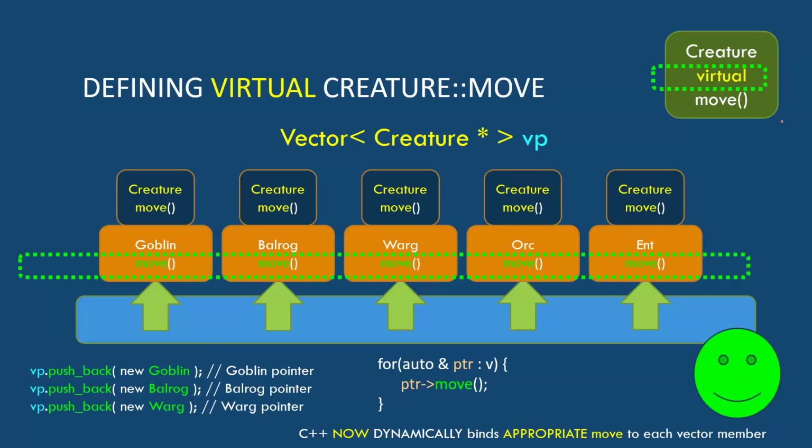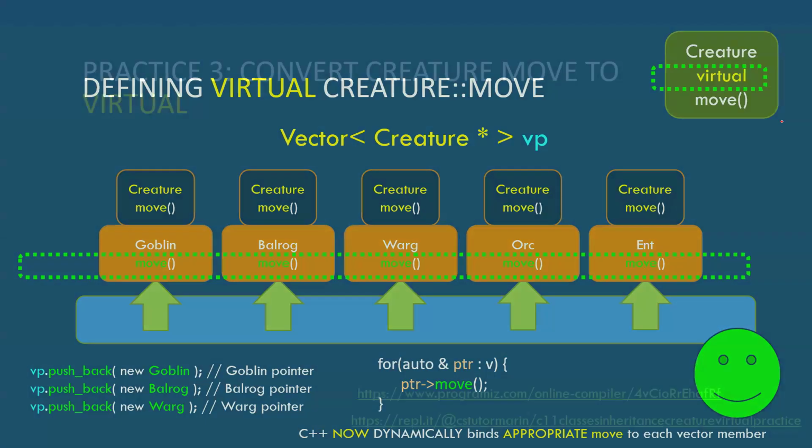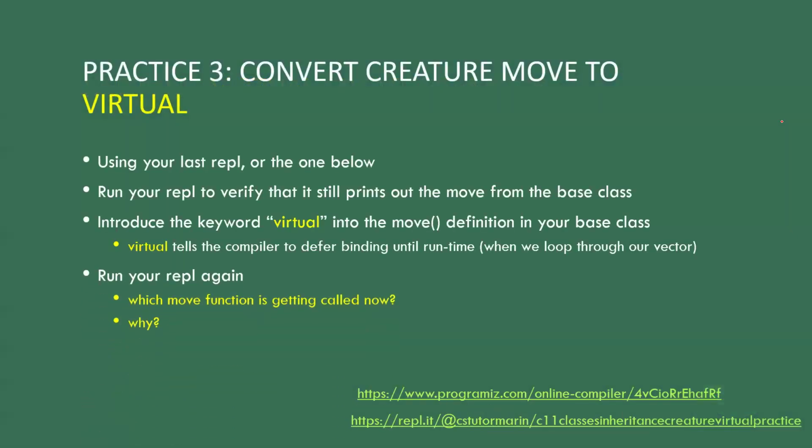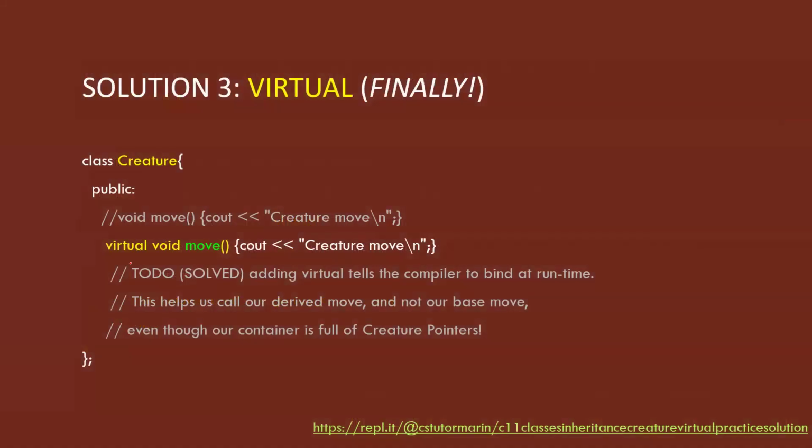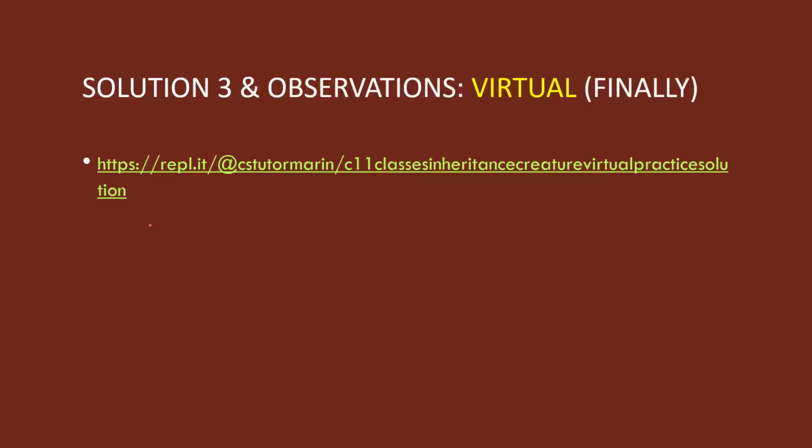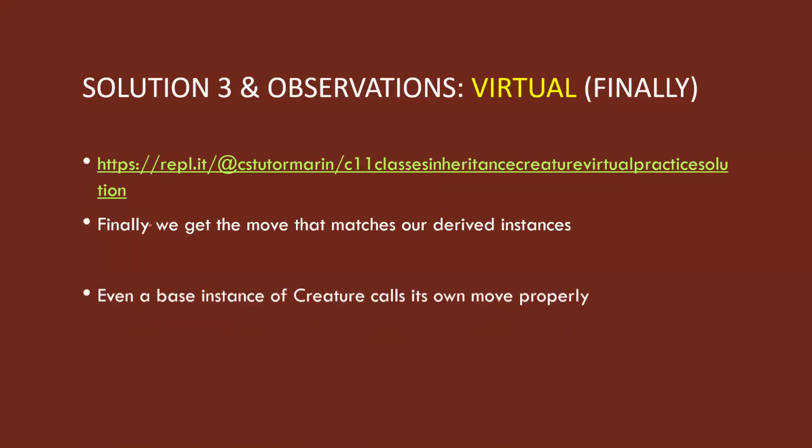Okay, that's the ideal situation we want. So we'll skip over this one because all we did was add that keyword to this move right here. Without that, you can bang your head on the wall quite a bit trying to figure out why your class is not acting in a very polymorphic way.